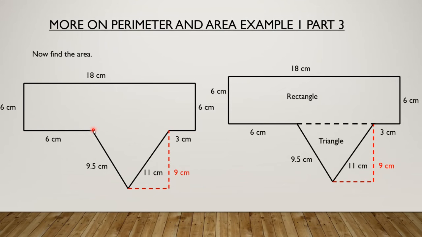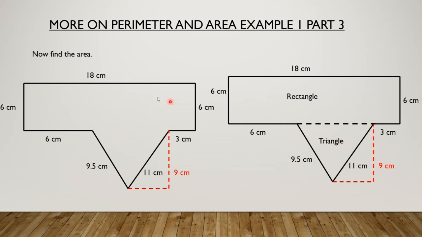But if I drew a dashed line here, I'm breaking up the region into a rectangle and a triangle. We know the area of a rectangle, we know how to find it. Same thing with the triangle. So all we have to do then is get the area of the rectangle and get the area of the triangle and add them together.